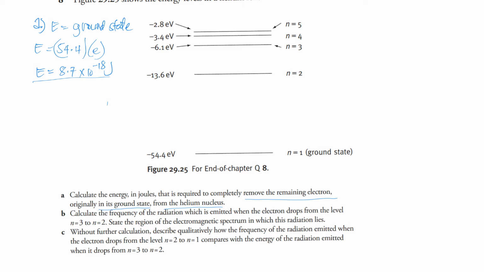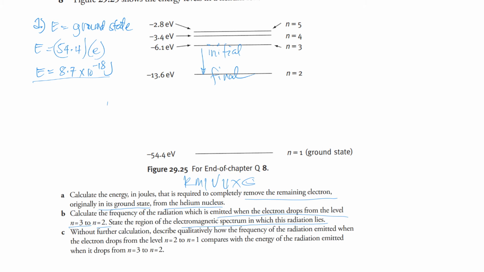Let's go to B. Calculate the frequency of the radiation which is emitted when the electron drops from n3 to n2. State the region of the electromagnetic spectrum in which this radiation lies. Again, we need to remember our ROYGBIV, the electromagnetic spectrum. So from n3 to n2, this is your initial and this is your final here.